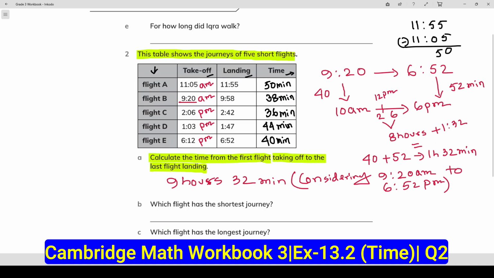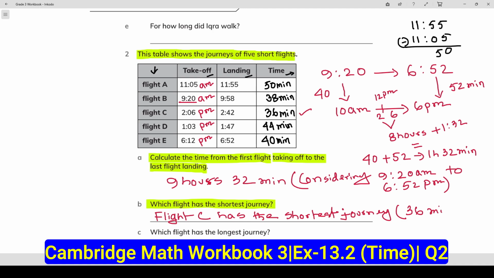Next question, which flight has the shortest journey? Look, here shortest time is 36 minutes. It means flight C. Flight C has the shortest journey, 36 minutes.